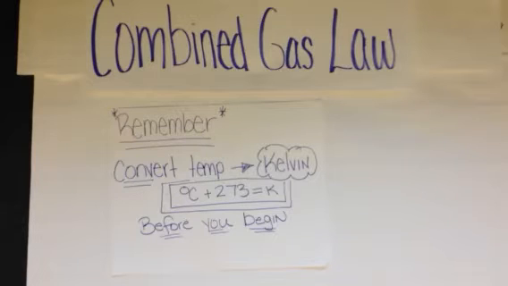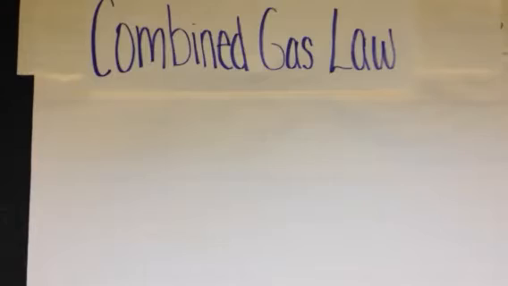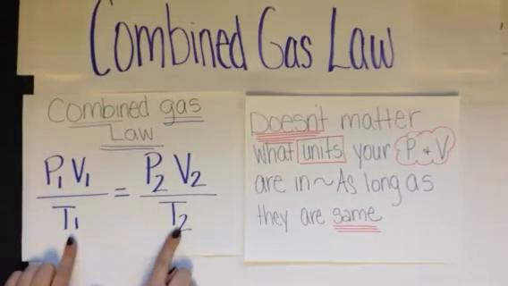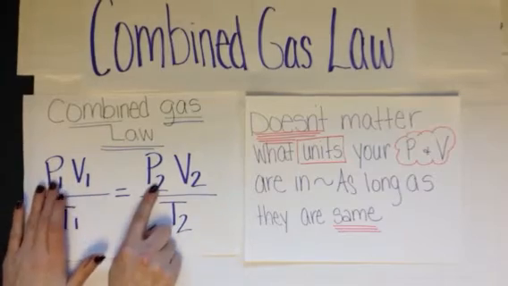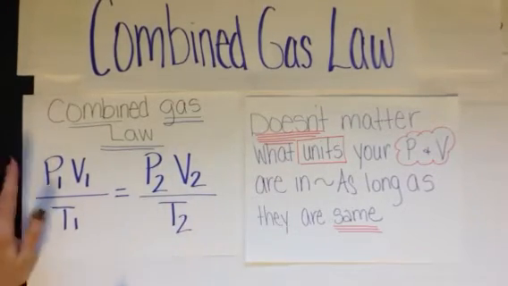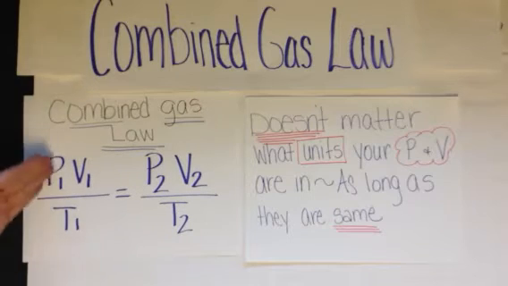Now, how about the other units? Well, it doesn't matter what units you use for the other variables. Let's write that down. So we know temperature must be in kelvins, but what about the pressure units? It doesn't matter as long as they're the same on both sides. So if this pressure is ATM, then this pressure needs to be ATM.